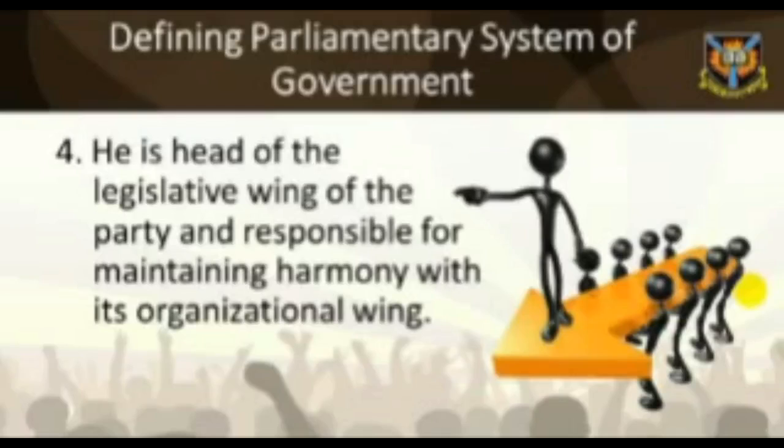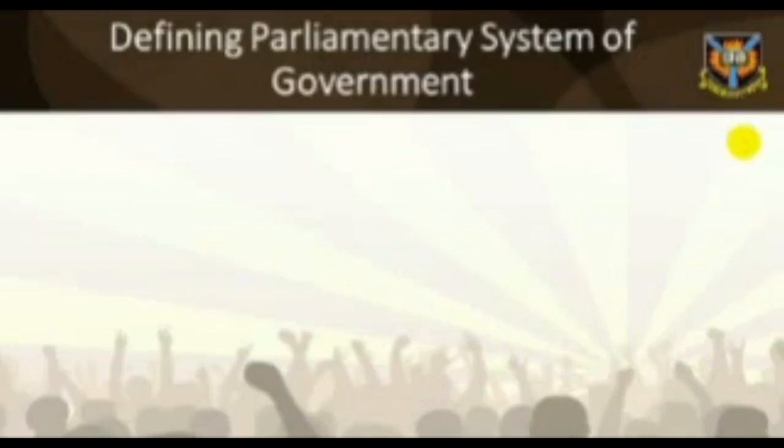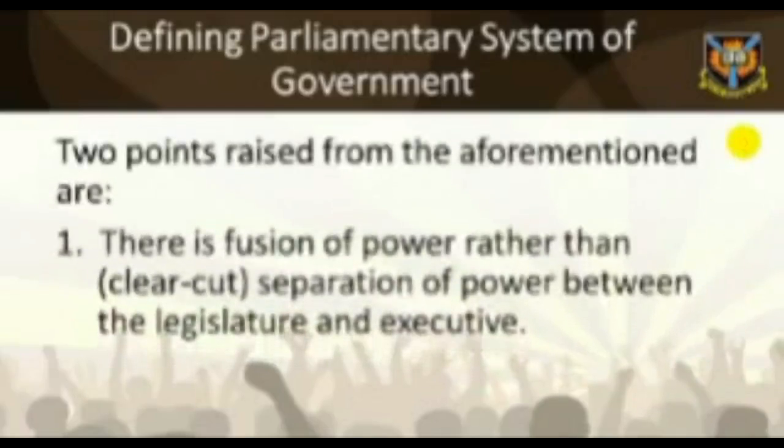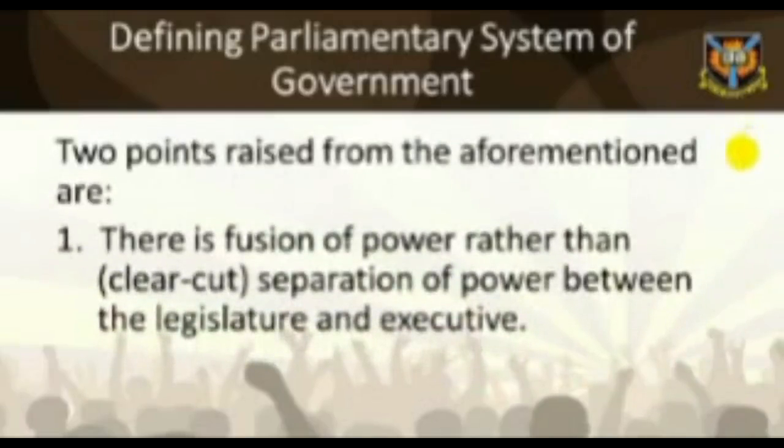Considering the above-mentioned functions performed by the Prime Minister, one will notice 2 things. One is that there is fusion of power rather than clear-cut separation of power between the legislature and executive. This is because the cabinet members also perform legislative functions as members of the legislature.